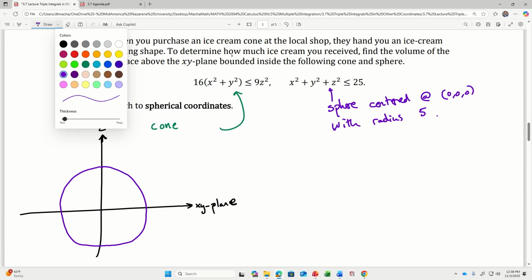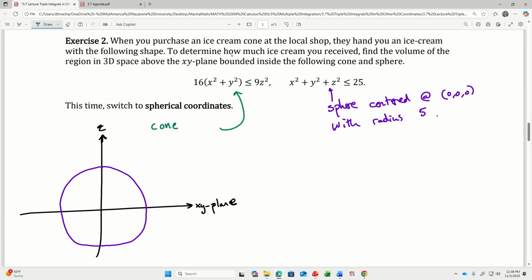And my cone is going to look like this. All right, take the slice out of it.